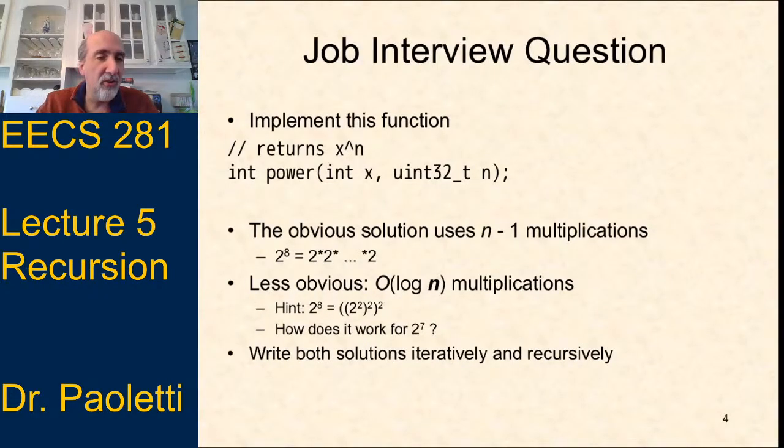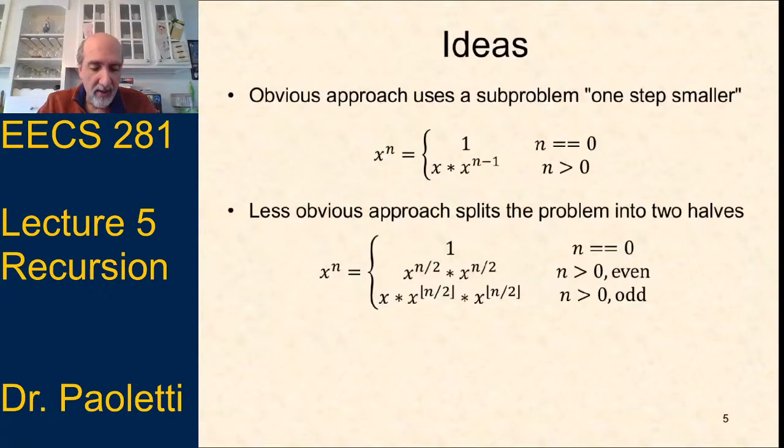So we saw this question previously, computing the power, x to the nth power, and we looked at a solution to it. We wrote out a simple, straightforward linear complexity solution: x to the n is equal to x times x to the n minus 1 power. Obviously, we need a base case.